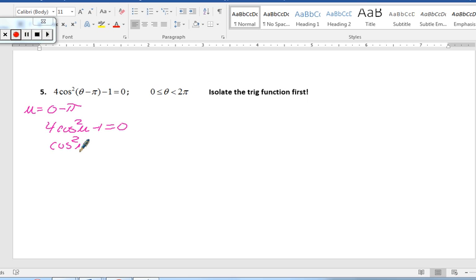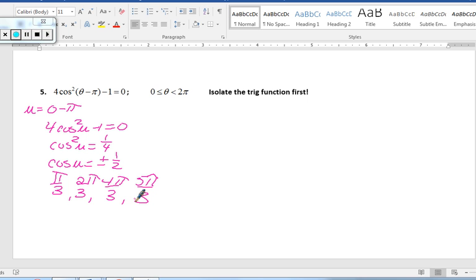Cosine squared mu would equal 1/4. Taking the square root of both sides, I get plus and minus 1/2. So where is cosine equal to plus and minus 1/2? That is at pi over 3, 2 pi over 3, 4 pi over 3, and lastly 5 pi over 3.